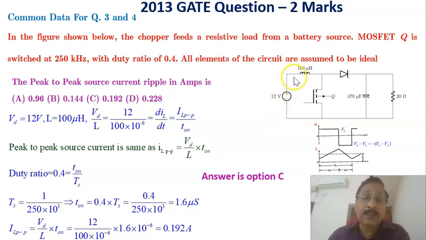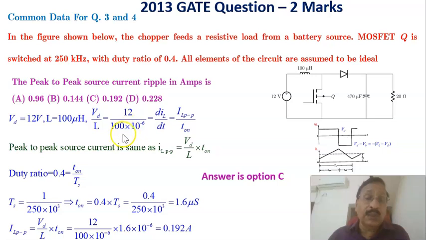Therefore, if you write the KVL equation, Vs equals L di by dt, or we can say that Vs divided by L is equal to the rate of change of current through the inductor.